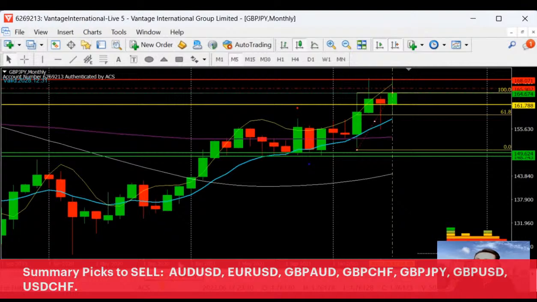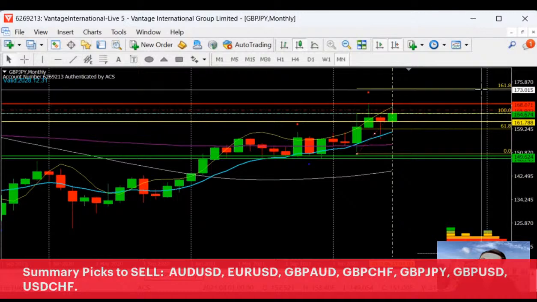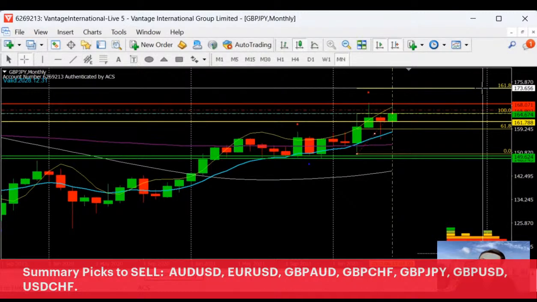Okay. Right, so yes, Forex New Way, fourth candle, 1, 2, 3, 4. So that gives us a possible top of 173. 173 is over here, about 173.